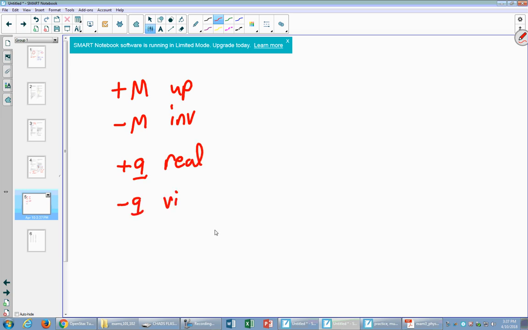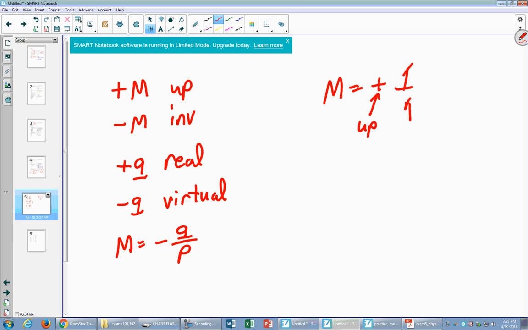That's a virtual image. You also need to know that M is equal to negative Q over P. And you need to know what a flat mirror image looks like. It has a magnification equal to positive 1. That means that it is upright. It is the same size.